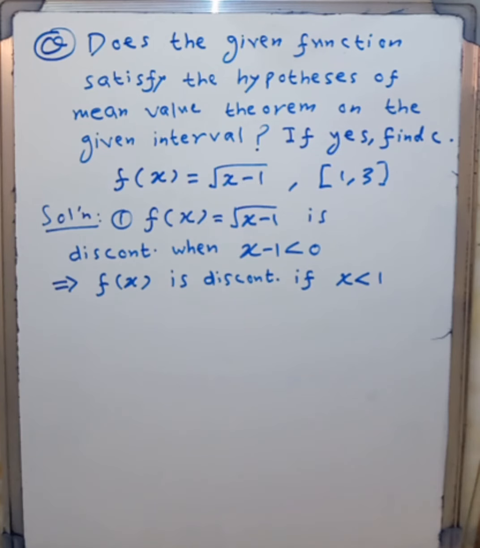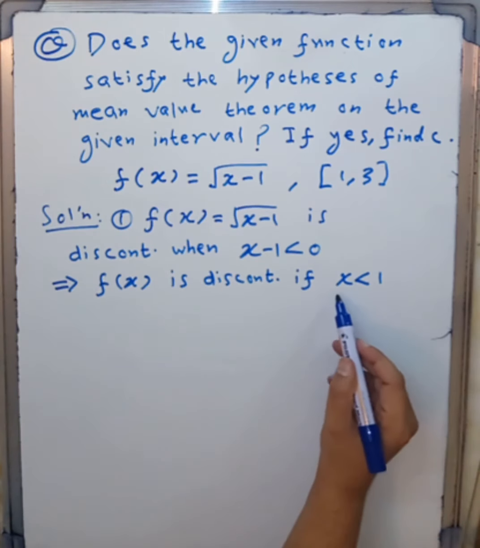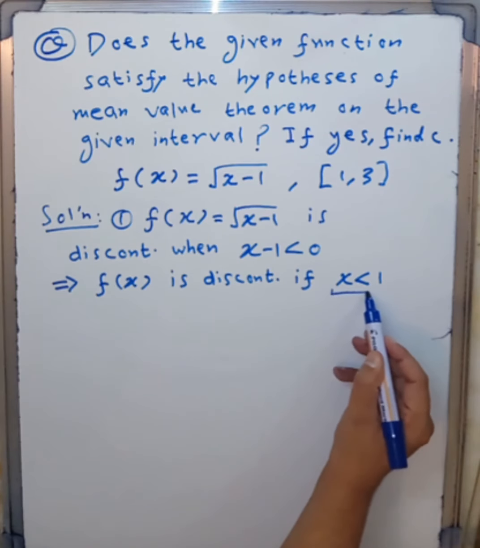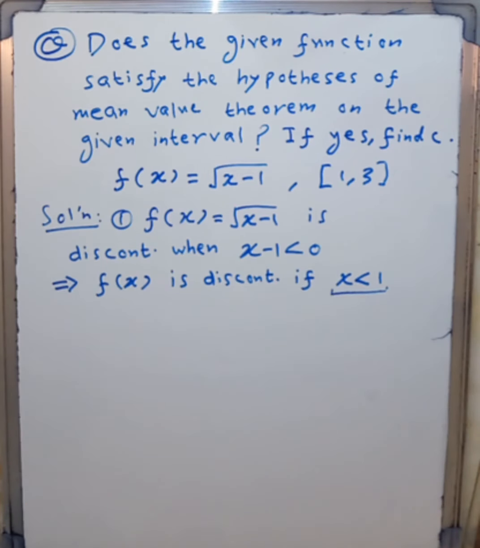But if you observe, we are discussing the continuity of square root of x minus 1 on the closed interval [1, 3], and these points x less than 1 are not in the interval [1, 3].